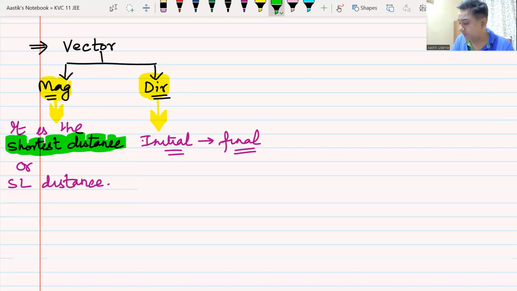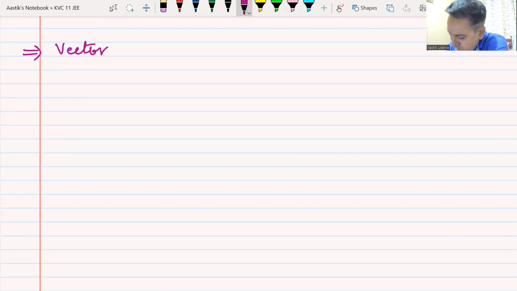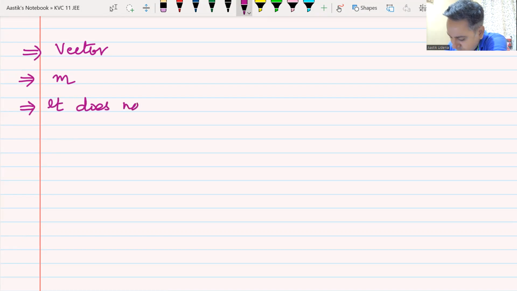Quickly, we will write some important points about this. Let us start with writing some important points. Number one, it's a vector quantity. Number two, the SI unit is meters. Number three, it does not depend on what?